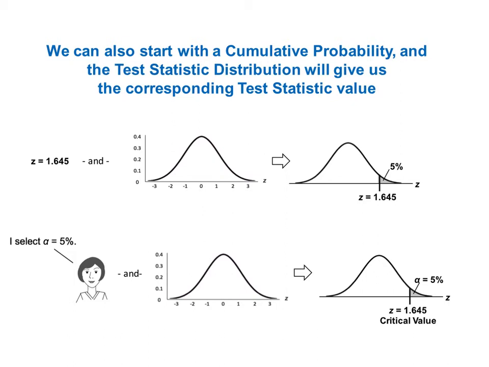Here, alpha equals 5% has been selected. We're using Z as our test statistic, and this is a right-tailed test. So 5% is plotted as a shaded area under the right tail of the curve of the Z distribution. The probability distribution tells us that the boundary of this shaded area occurs at the point Z equals 1.645. This boundary for alpha is called the critical value.